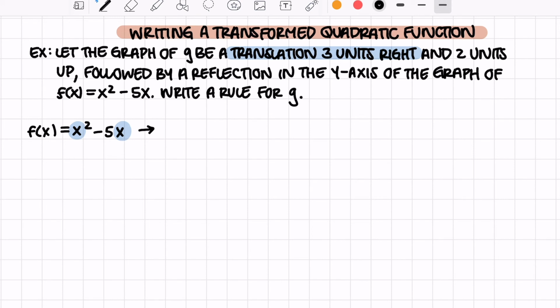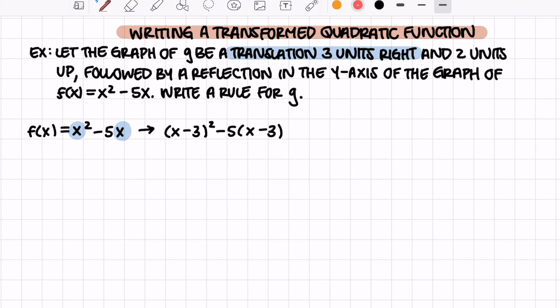Instead of just x squared minus 5x, I have (x minus 3) to the power 2 minus 5, and I also need to transform that other x value to x minus 3. So once I do that, the next thing I want to do is simplify.